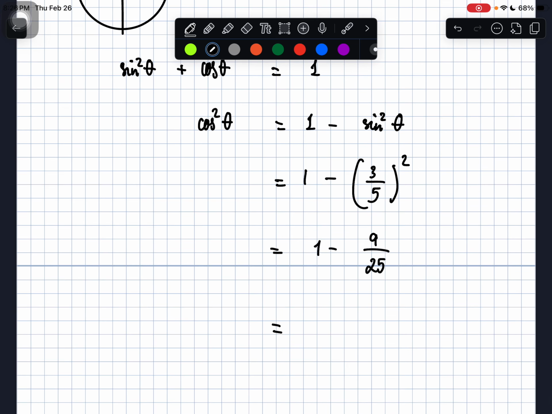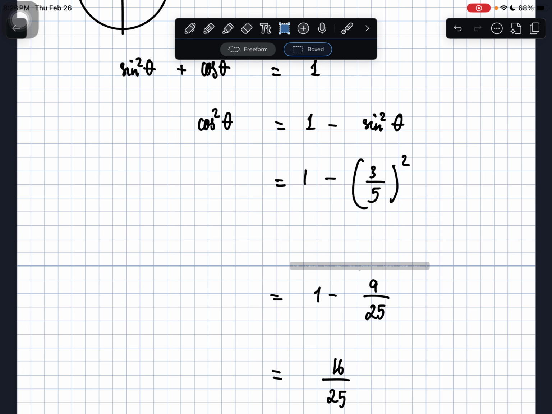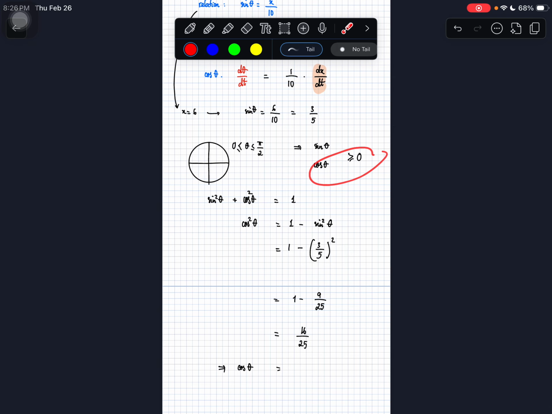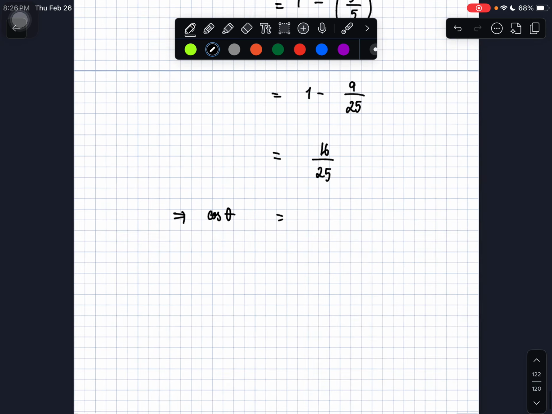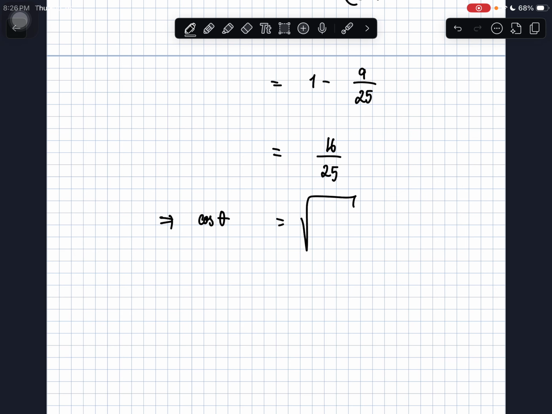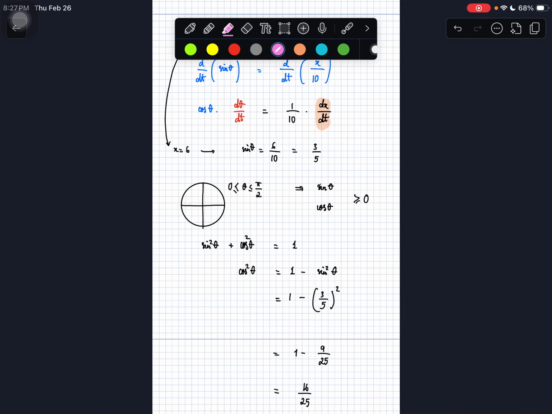This is 25 minus 9, 16 over 25. This is cosine squared theta. And therefore, I can take the square root of both sides. Cosine theta, we know it is non-negative, so I don't need the absolute value here. Square root of 16 over 25 is 4 over 5. Cosine theta is 4 over 5. That's one thing we now know.